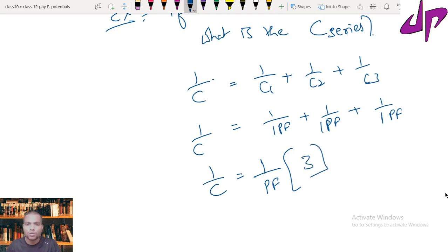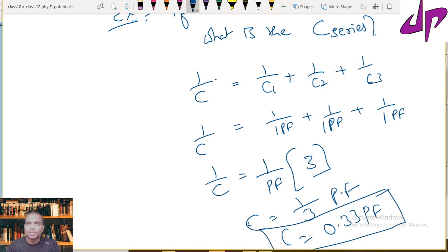Now doing the cross multiplication and substituting the value of the picofarad, we get C equals 1 over 3 picofarad. So the capacitance in series equals 1 over 3, which is 0.33 picofarads.